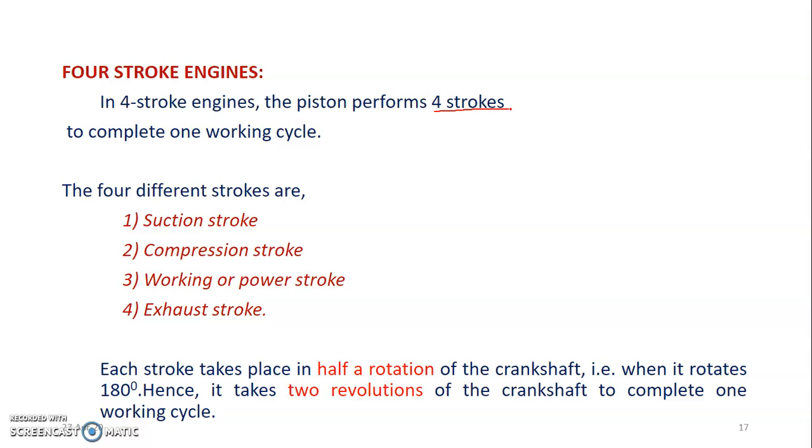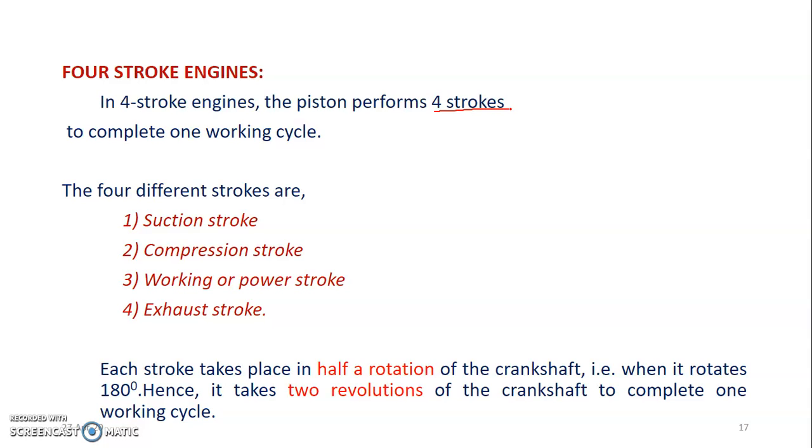These four strokes are completed to suck the air and fuel mixture inside the engine cylinder, then to compress it, then to burn it and produce power. After burning the fuel, there will be exhaust gases or waste gases, and those are exhausted outside.